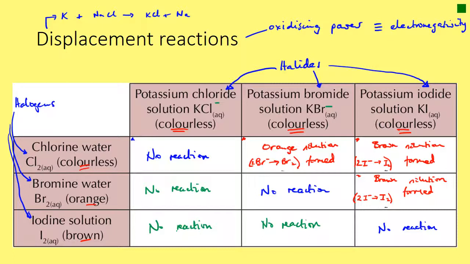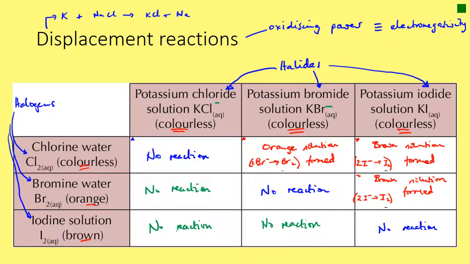Bromine wouldn't be able to displace the chloride and make it into chlorine. Chlorine would keep its extra electrons that it's got from the potassium. It wouldn't give them up to the bromine because it is more electronegative than bromine, and consequently it is a stronger oxidizing agent than bromine.